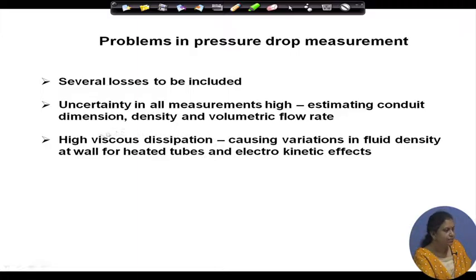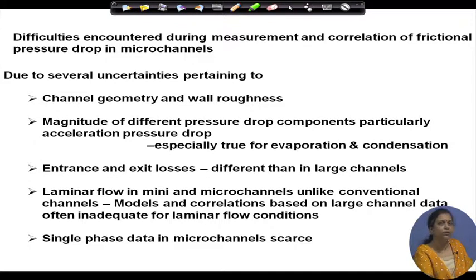These things also contribute to the pressure drop measurements, but it is very difficult to account for them. Now, such things are also there for macro channels, but in those cases, the frictional pressure drop is not always as important as in the case of micro channels.